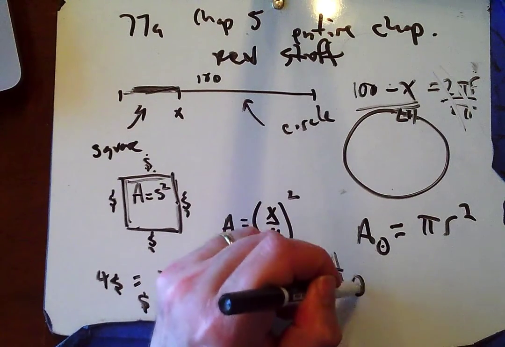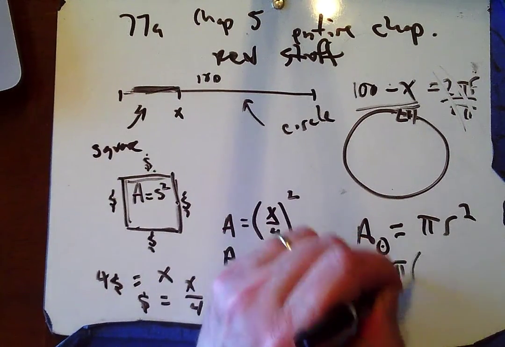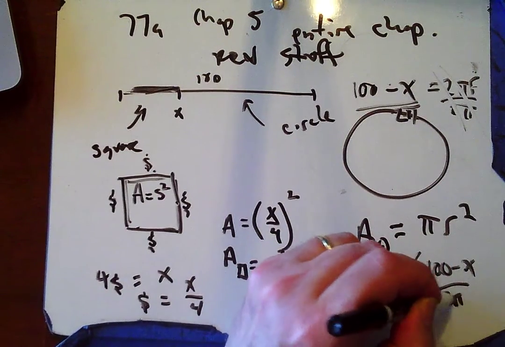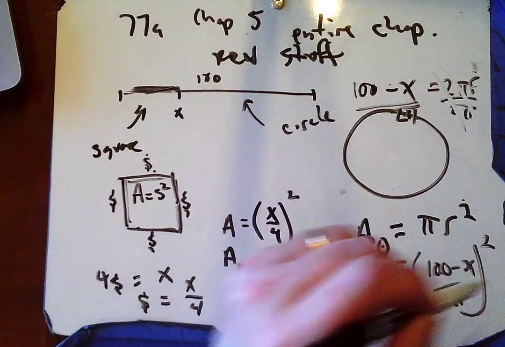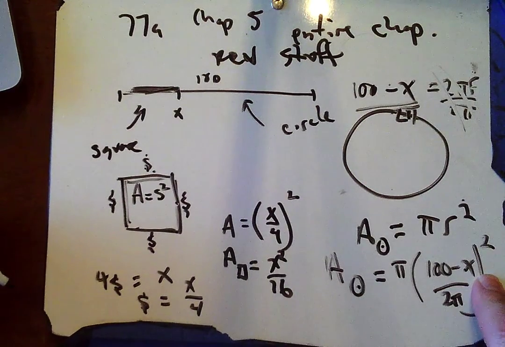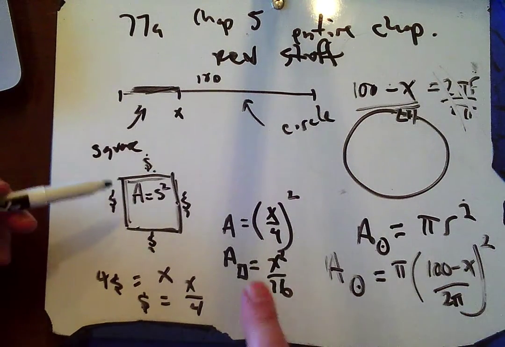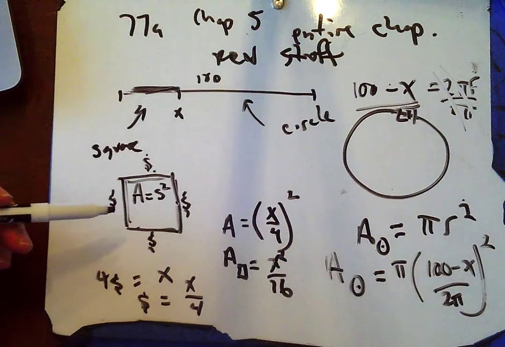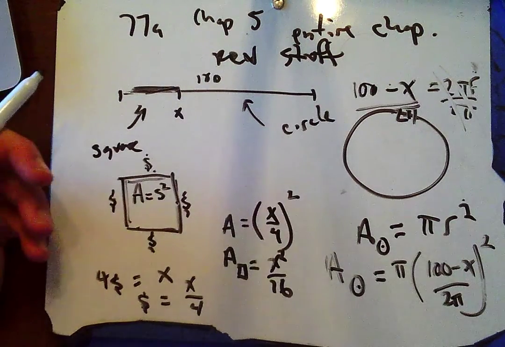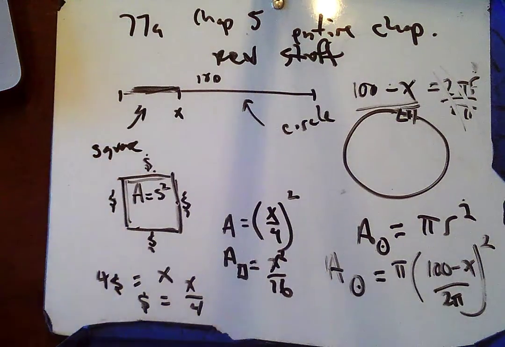So area of a circle is pi times 100 minus x over 2 pi. Don't forget radius squared. And so now we've got the area of a circle in terms of x, and we have the area of the square in terms of x. And we're talking here about the combined area being a minimum or a maximum.